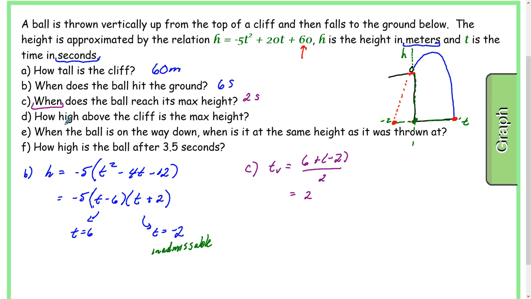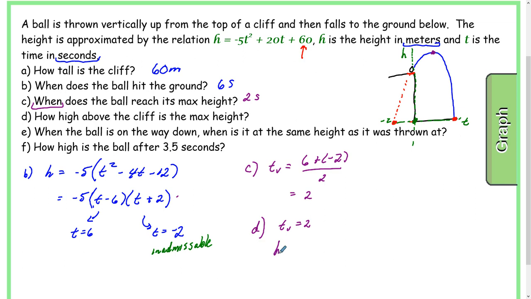Now, how high above the cliff is the maximum height? Well, the maximum height is here, so I need to find that. So I'm going to go through the process and find the maximum height. That's going to be D. And to find the maximum height at the vertex, I need to sub in my time at the vertex. I'm going to sub it into my factored form, because I find it a little bit easier.